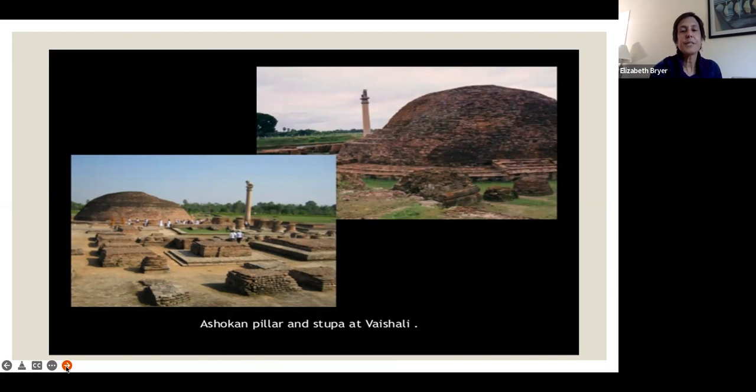Another kind of really common Buddhist art are stupas, S-T-U-P-A-S, and they are actually big mounds of dirt. They can hold part of the Buddha's remains, or maybe an artifact like a cup the Buddha drank from.